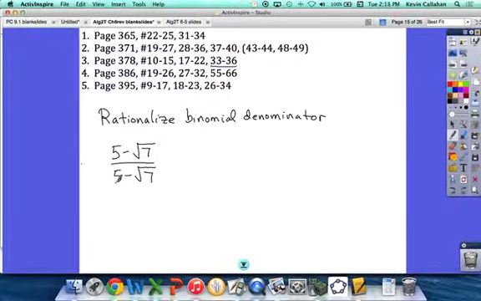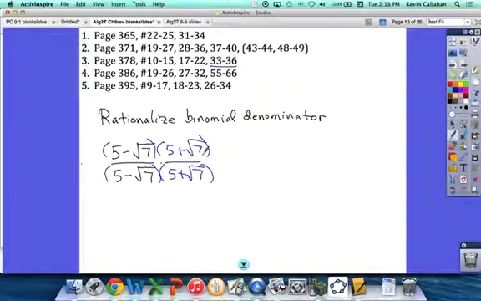You're saying 5 plus the square root of 7. He's right. You multiply by the conjugate of the denominator. And you remember what the word for that is? 5 plus square root of 7. It's called conjugates.